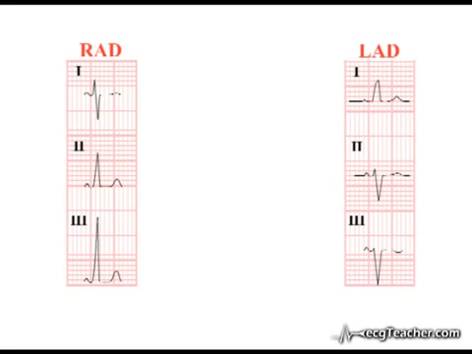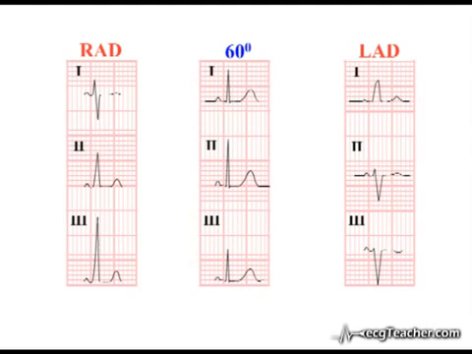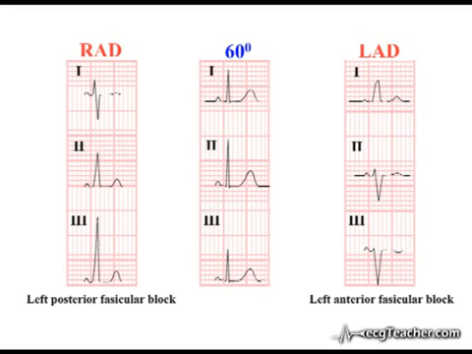You may have noticed that, although still within the normal range, the QRS complexes in both LAD and RAD are somewhat widened compared to our starting readouts with the axis at 60 degrees. Keep in mind that damage to the distal branches of the left bundle branch, the commonest cause of axis deviation, results in a slight delay in depolarization of the affected region of myocardium.